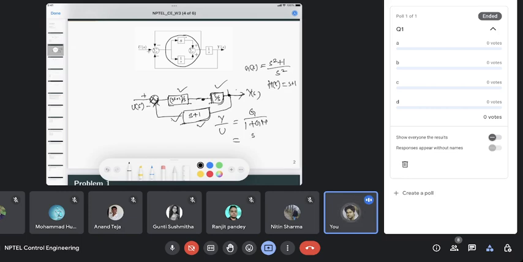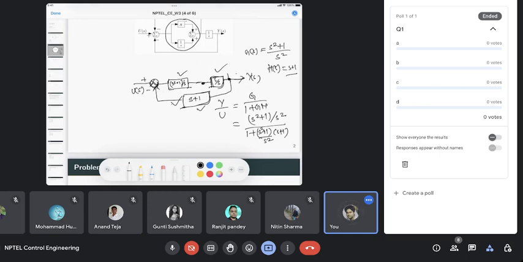So instead of G you have S square plus 1 by S square, and 1 plus GH is 1 plus G times H, where G is S square plus 1 by S square and H is S plus 1. We just simplify them. So the transfer function has numerator S square plus 1 by S square, and the denominator is S square plus S cube plus S square plus S plus 1 by S square.